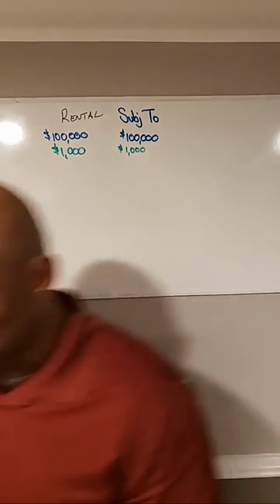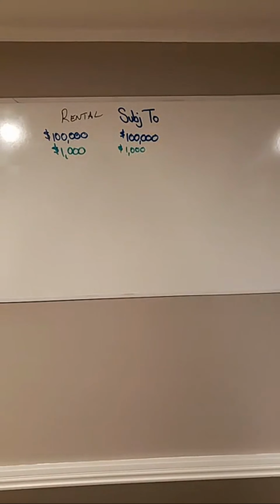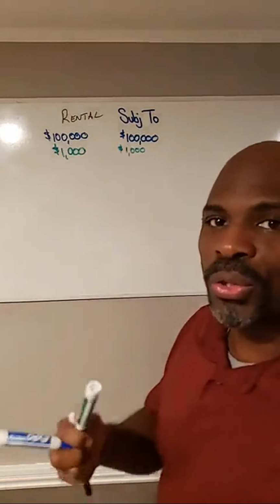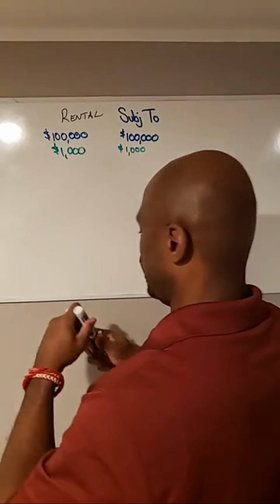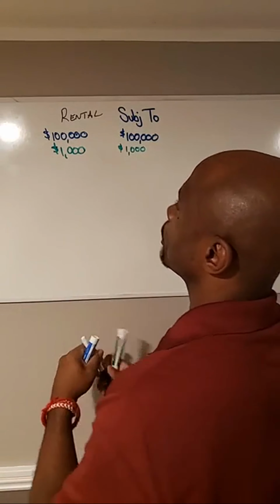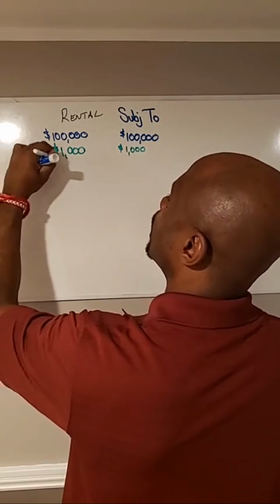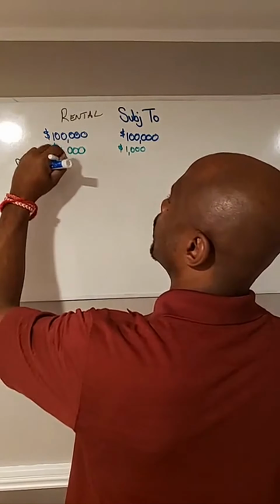All right, so you have a property valued at $100,000 in the rental side as well as the subject to side. All right, so now let's say on this one, when you rent it out, you get $1,500.